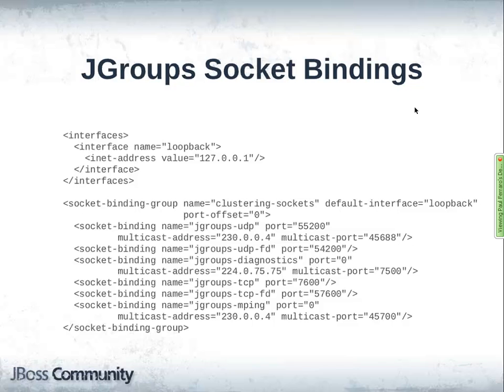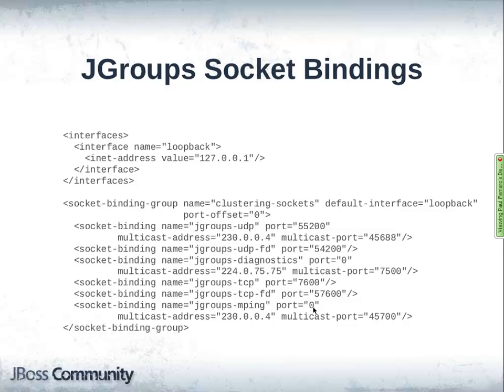So a little more about socket bindings. Here I'm showing you all the socket bindings that JGroups uses by default. The interface that they reference is also externalized, so if you want to change the binding interface for all of your JGroups sockets, that's in one place. You can see these are the socket bindings for the UDP stack. These are socket bindings for the TCP stack by default.